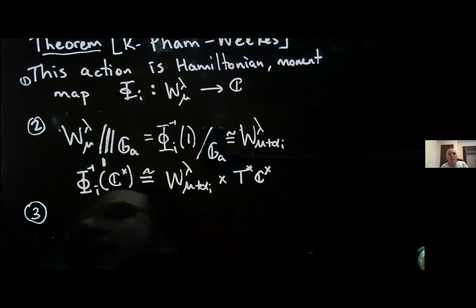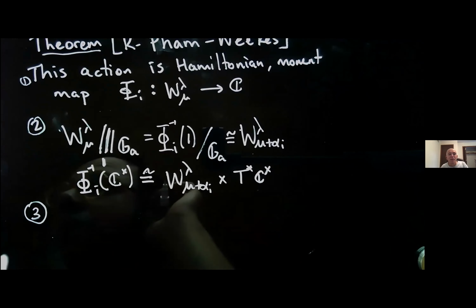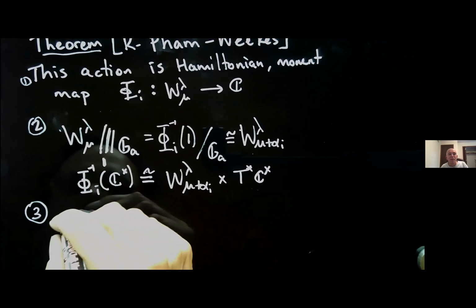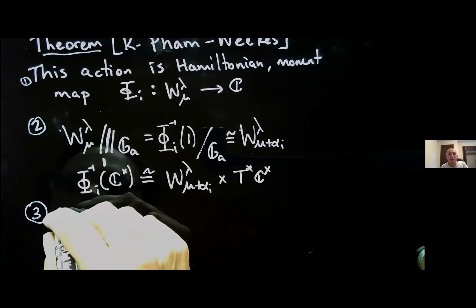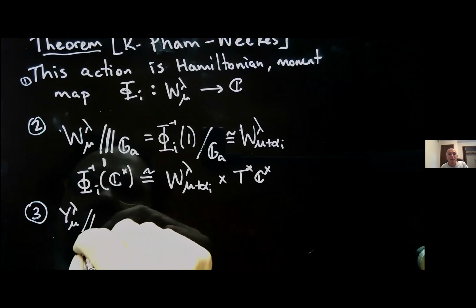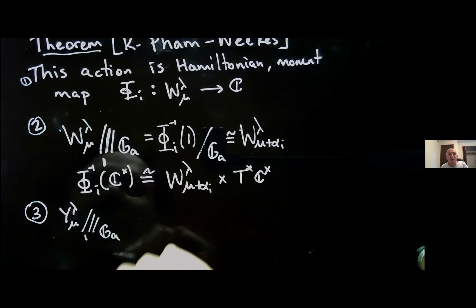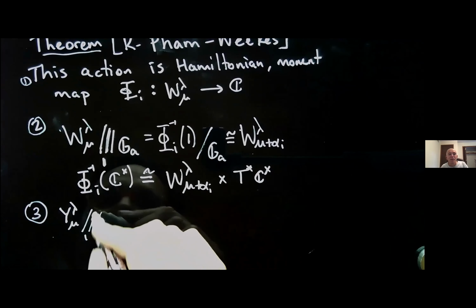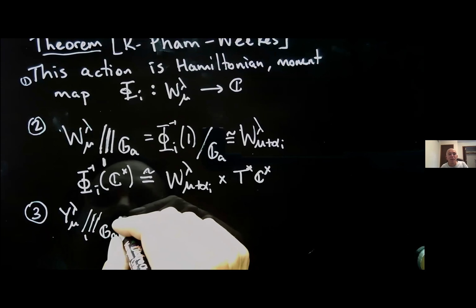quantum version of this. So if we take the quantum Hamiltonian reduction of the quantization of this truncated shifted Yangian, you might ask what I mean by this. What I mean is the following.